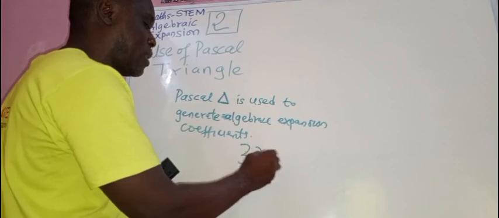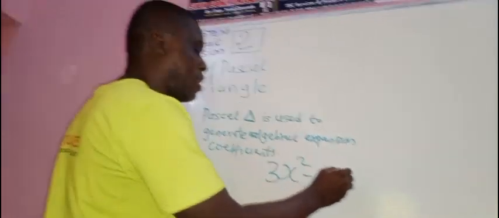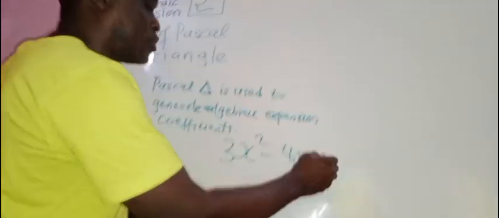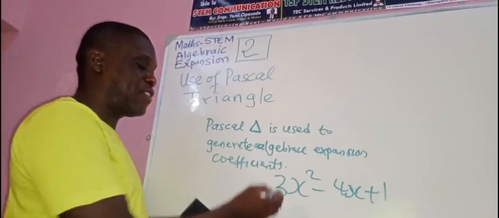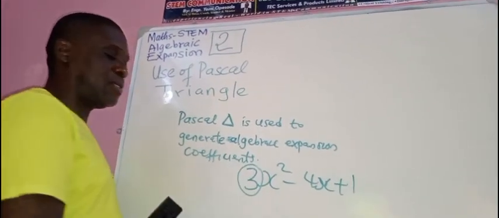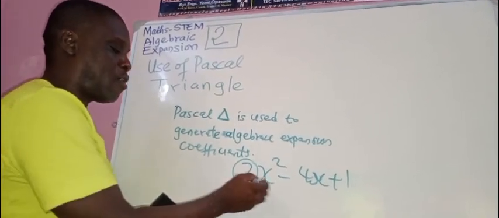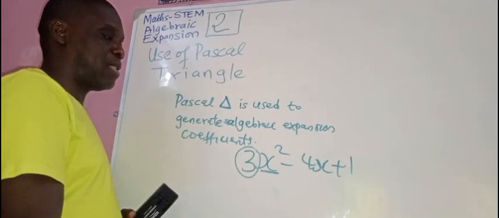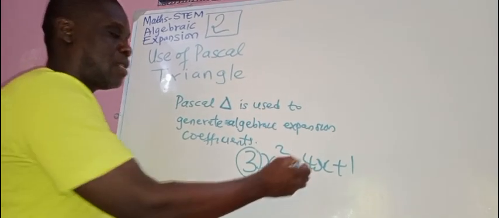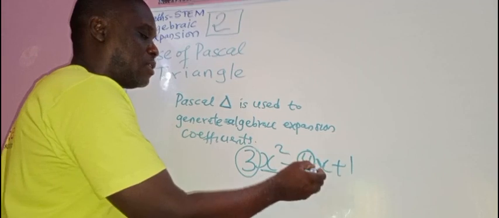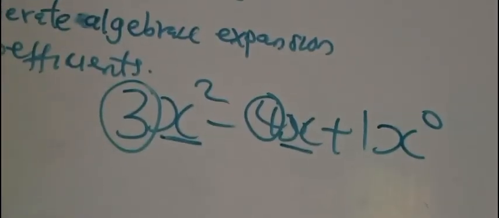If I have something like 3x squared minus 4x plus 1, the coefficients are the values you have before the algebra, the value you have before the variable. Since this is in terms of x, the constant term means there is x to the power 0.